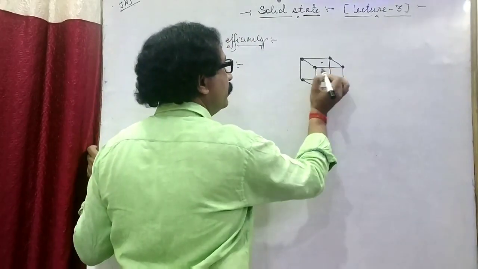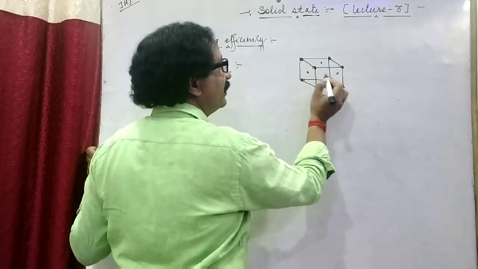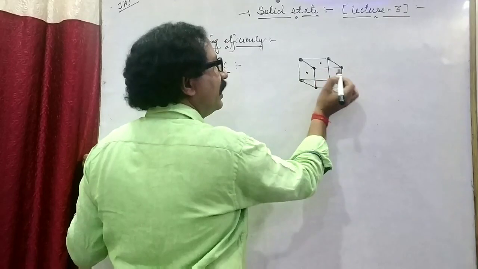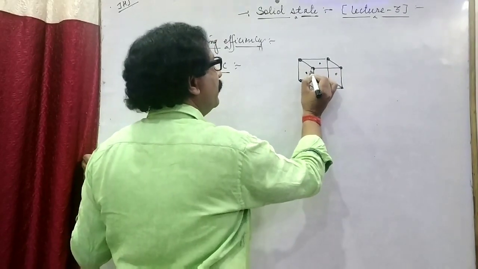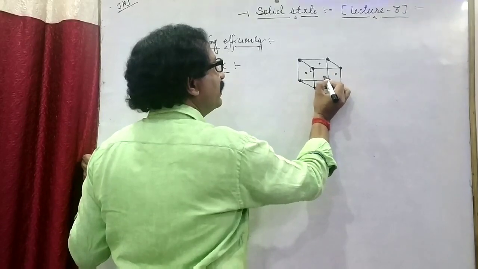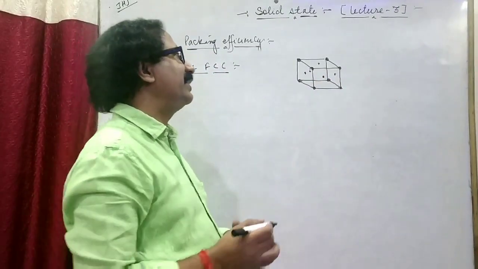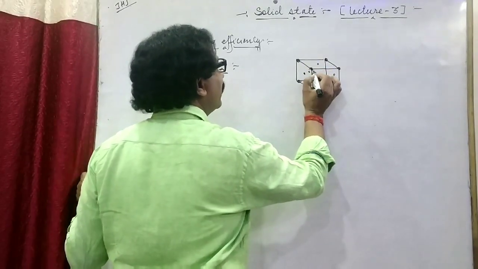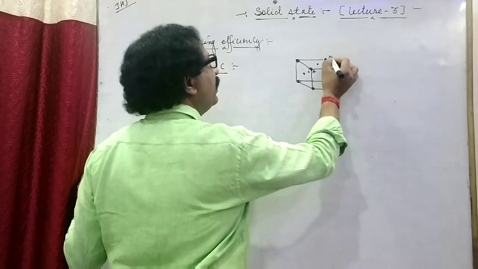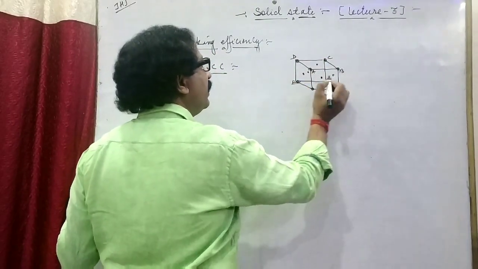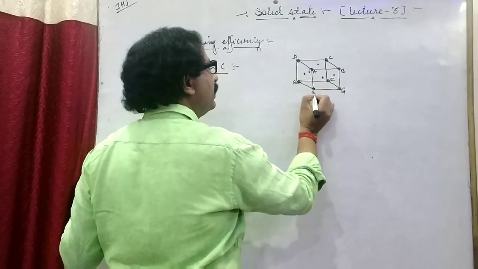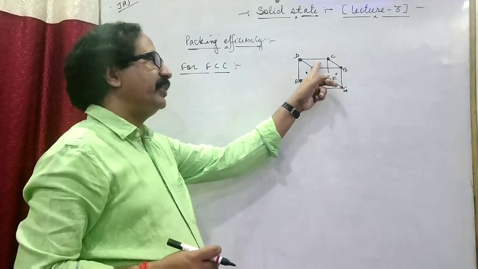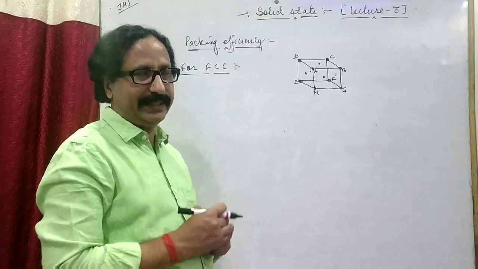So this is, see here, the center of this face, like each and every face center, this and this. This is considered to be FCC. Let its corners be named A, B, C, D, E, F, G, H. And this is the point present at the center of this face.